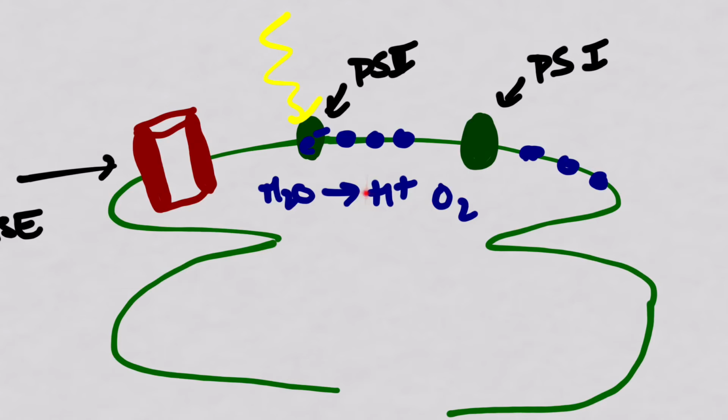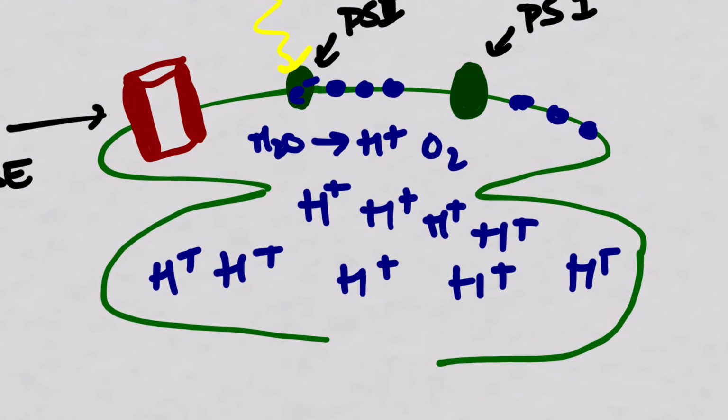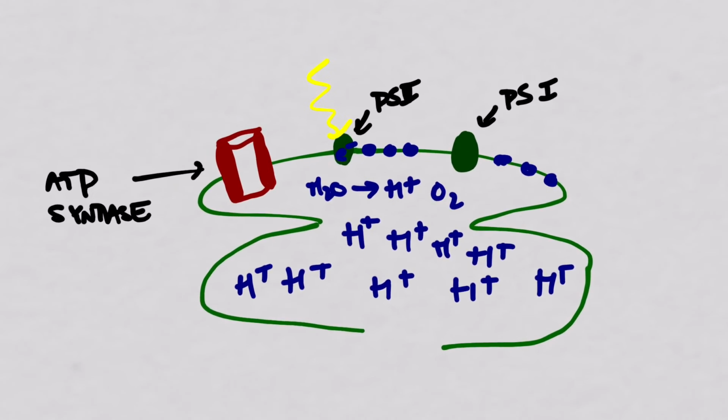But this H plus is very important, and because we have lots of photolysis of water, we have a buildup of an H plus gradient within our thylakoid membrane system. So there ends up being a lot more protons, or hydrogen ions, within our thylakoid than outside.